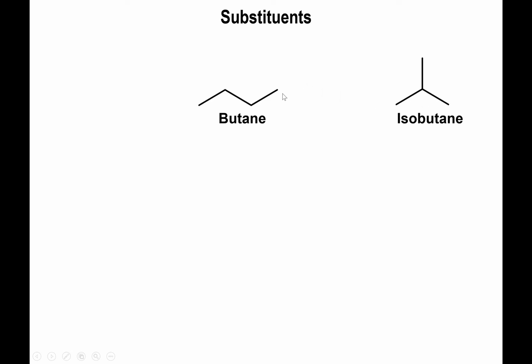Notice that all that really took place is that this CH3 was moved from the end carbon here to the middle. They both got the same formula, C4H10. This one, the most linear one, is called butane. The one that is branched is known as isobutane because it's the isomer of butane.